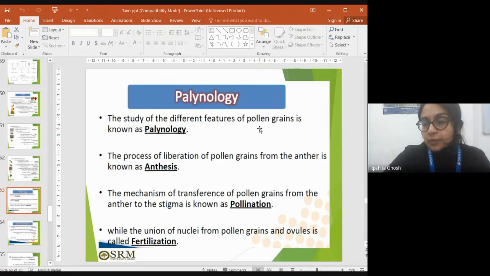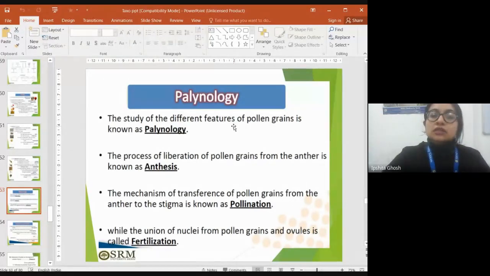you are identifying plants, you will see that there are different types of pollen grains also. Just like we saw that there is too much variation in other features of a plant, you would see that even in case of pollen grains, there are a lot of different features to observe.